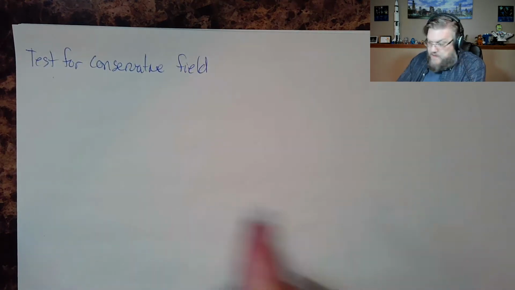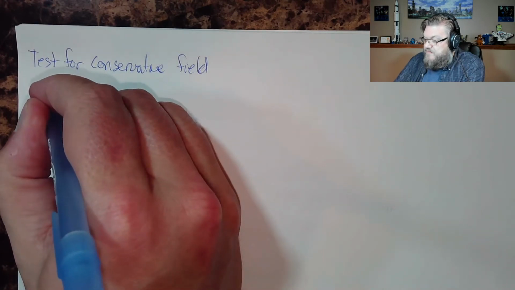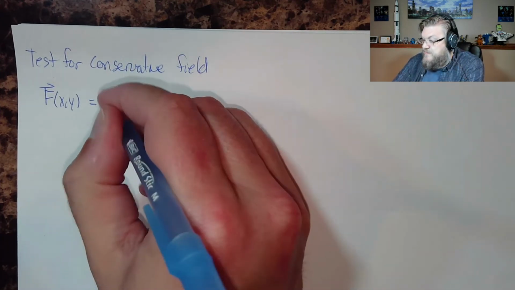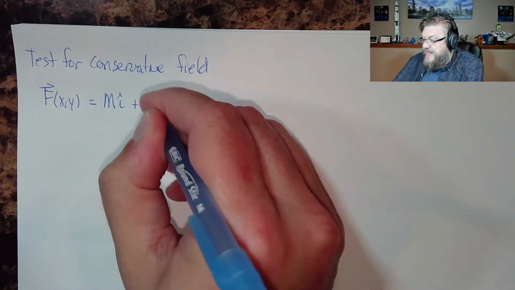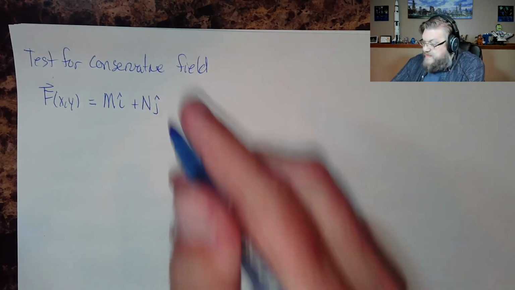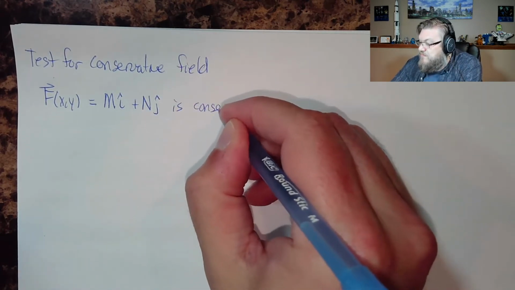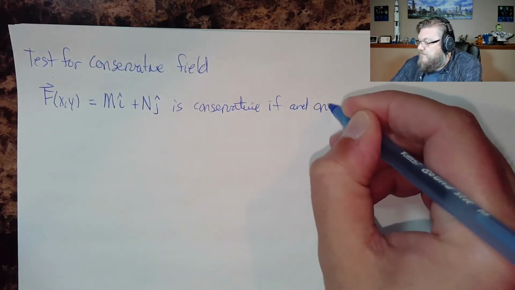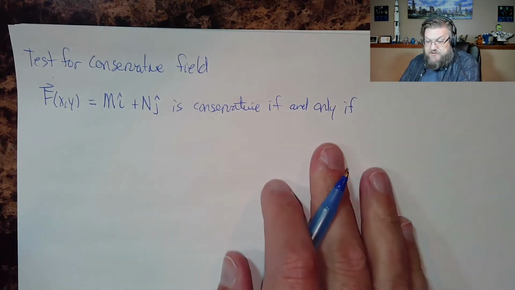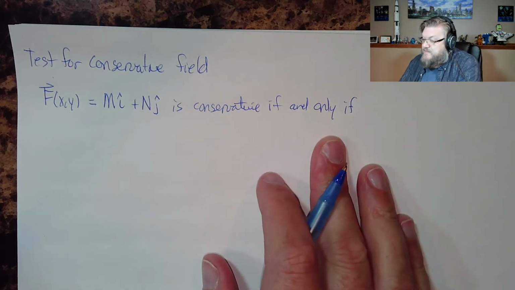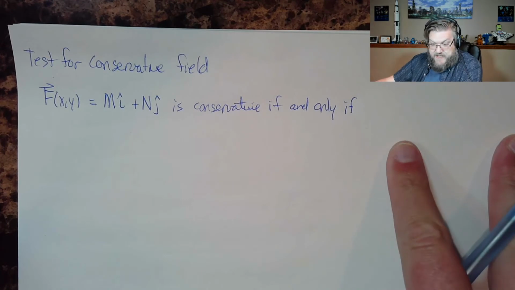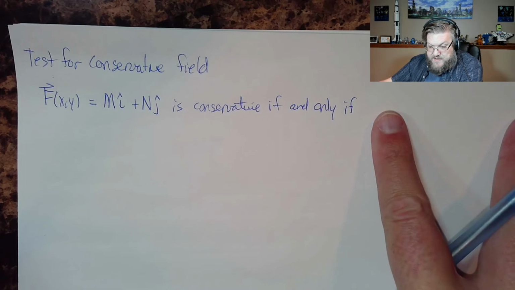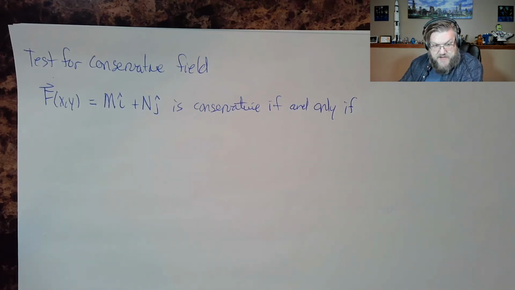And so we have a test for a conservative field. We're going to say F of x, y equaling some M function i plus some N function j is conservative if and only if. We call that a characterization in mathematics. That means whenever you see this, you get that, and whenever you get that, you get this, right? It works both ways.